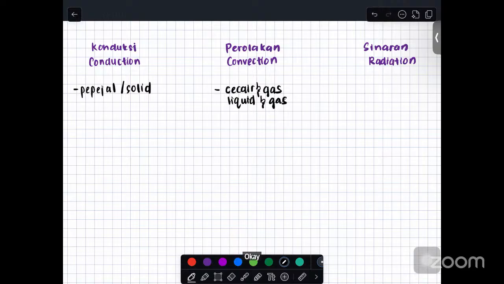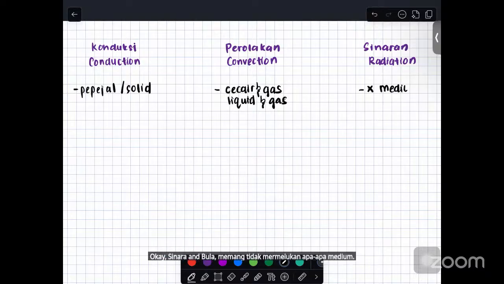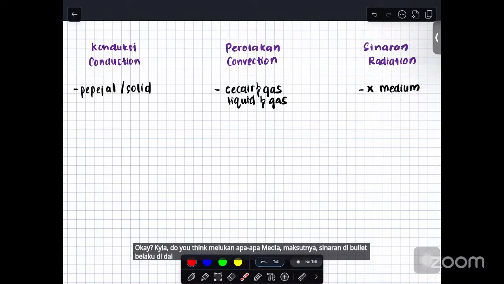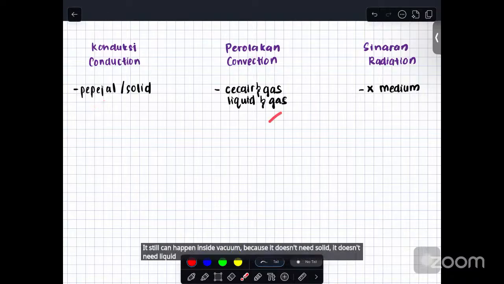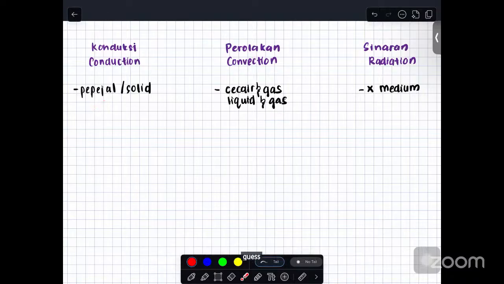Okay. Sinaran pula, dia memang tidak memerlukan apa-apa medium. Okay? Kalau dia tidak memerlukan apa-apa medium, maksudnya sinaran ni dia boleh berlaku di dalam vacuum. It still can happen inside vacuum because it doesn't need solid, it doesn't need liquid, and it doesn't need gas. It can happen in vacuum.